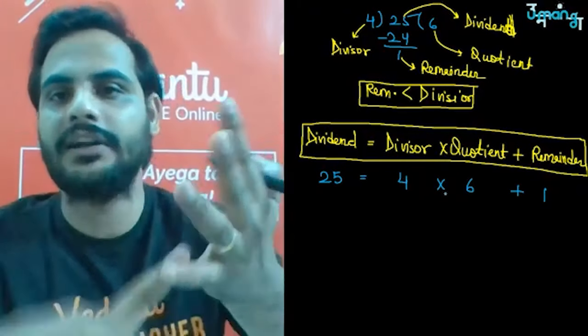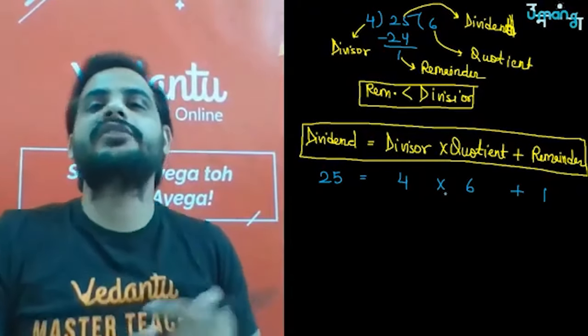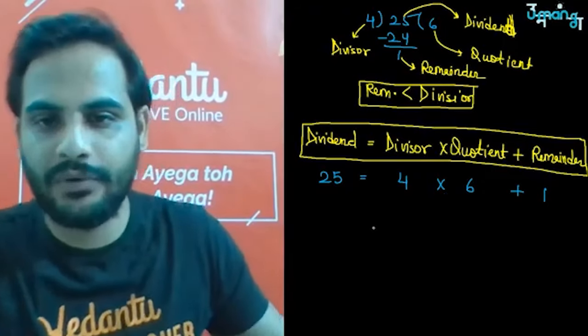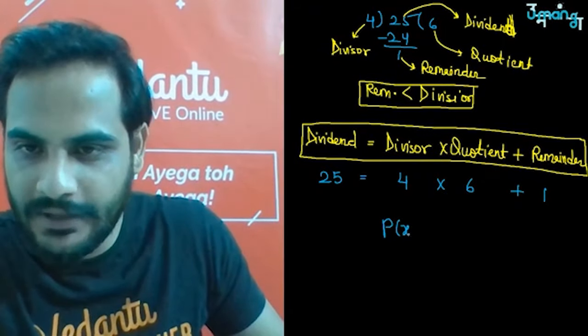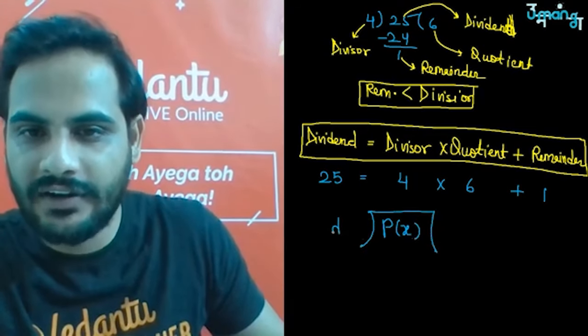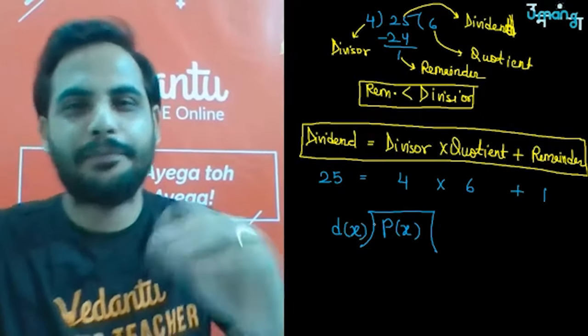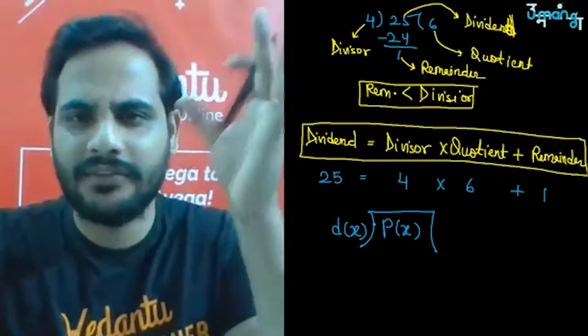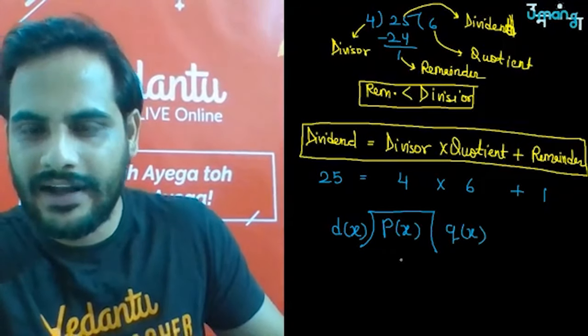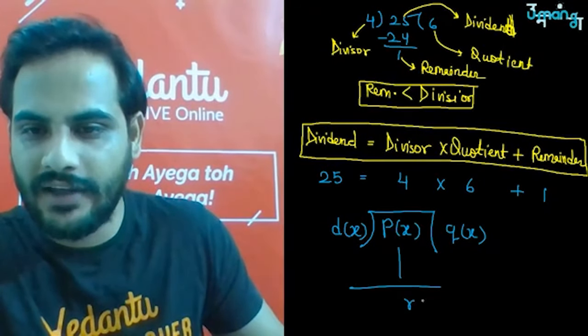Be it the division of numbers or the division of polynomials. Suppose I am dividing a polynomial p(x) with a divisor, let us say d(x), and the quotient is, let us say, q(x), and after solving this you got your remainder as r(x).